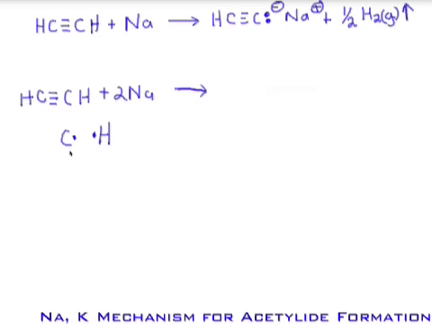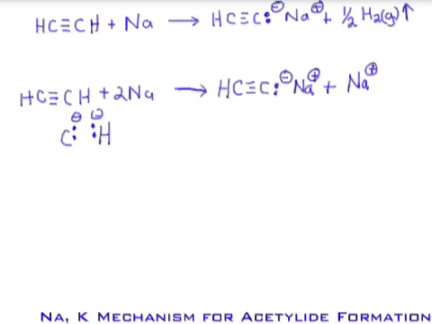You get radicals. The 2 electrons from sodium go into antibonding levels, causing the bond to break. And one of the sodiums gives 1 electron to the carbon and 1 electron to hydrogen. That means the carbon and hydrogen both got an extra electron, so they both become negative when the bond breaks. That result is the negatives associated with the sodium pluses. So the 2 sodiums make the acetylide anion, and you get sodium hydride, which is sodium plus H minus.